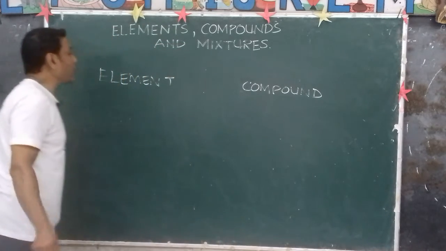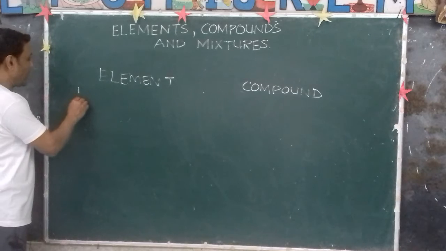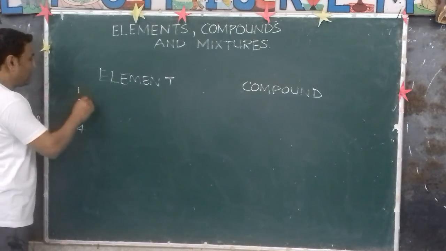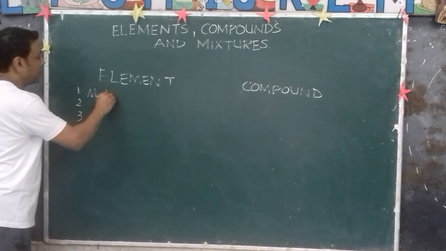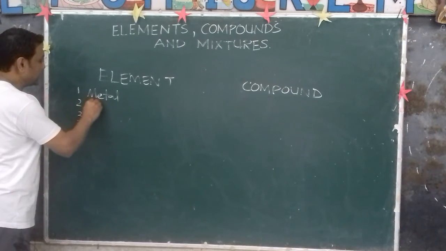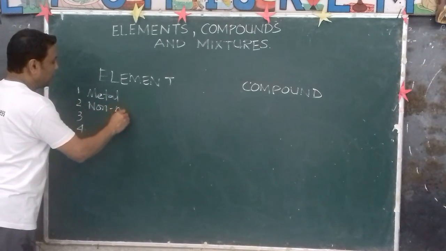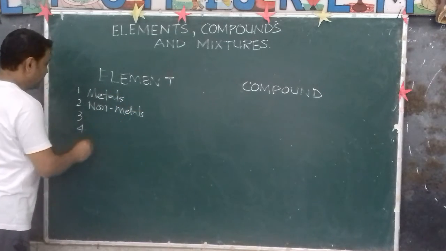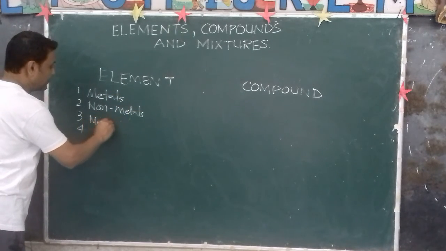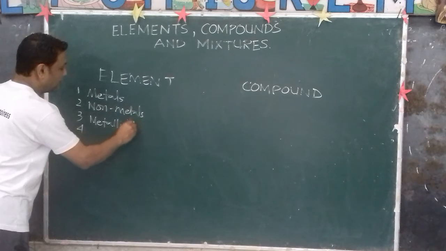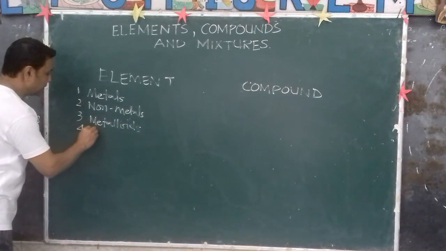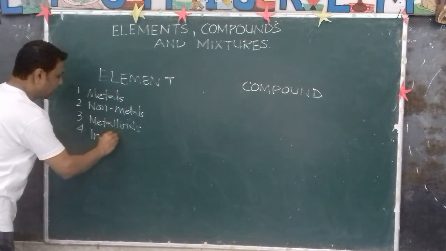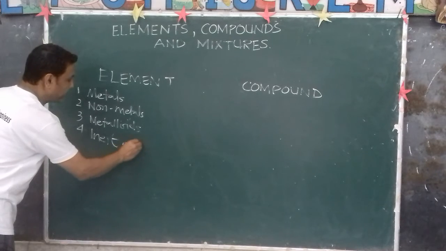And there are four types of elements. We have already studied 1, 2, 3 and 4. The first one is the metal. The second one, non-metal, metalloids, and the last one is inert gases.